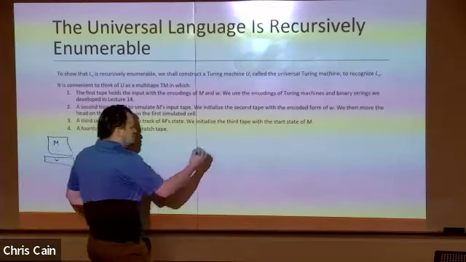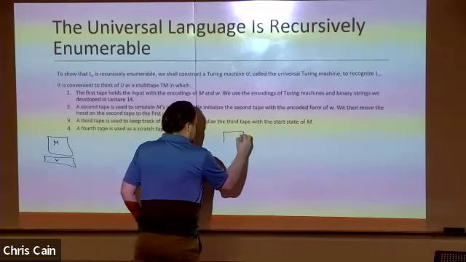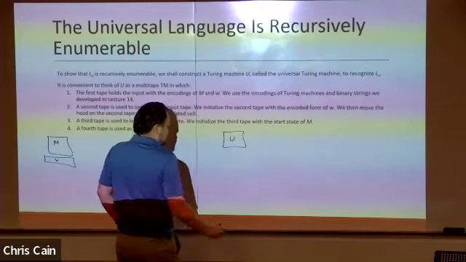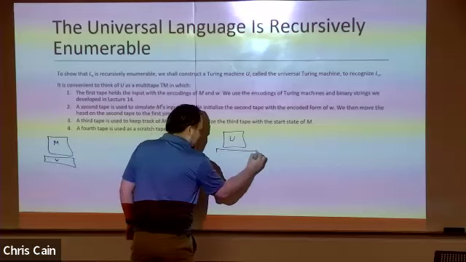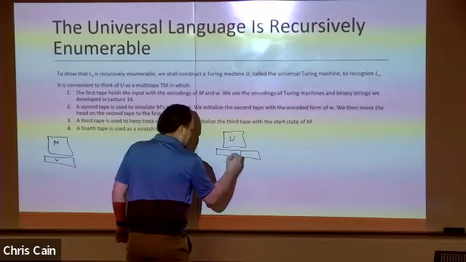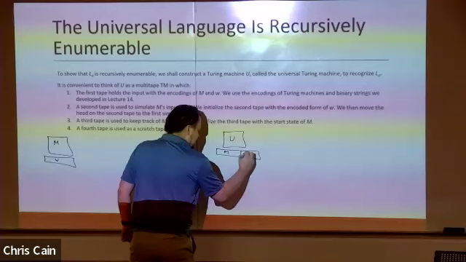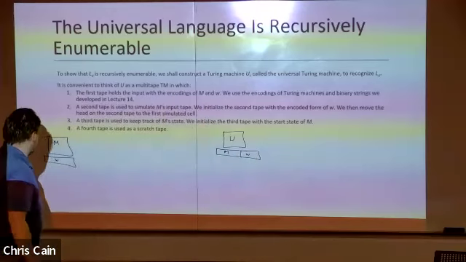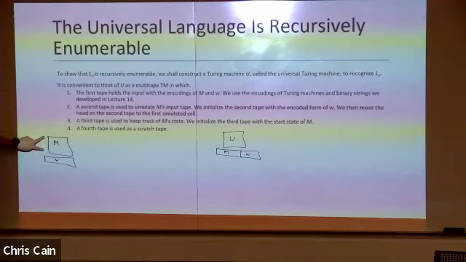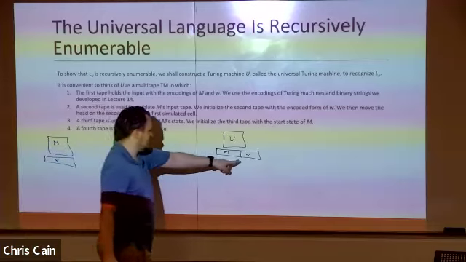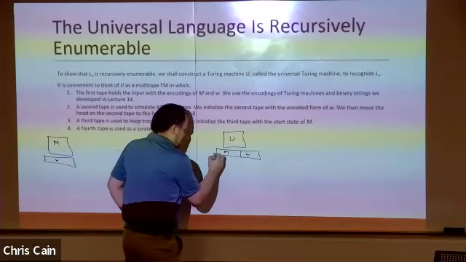So this new machine that we're going to call U is defined as a 4-tape machine. The first tape has the entirety of this definition of this machine M, as well as the string as input.